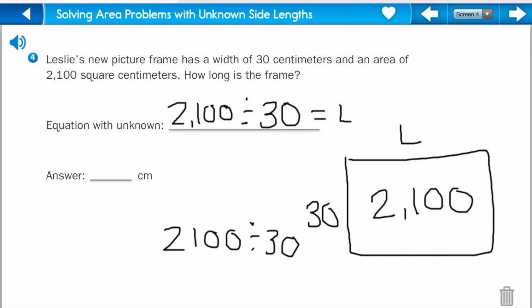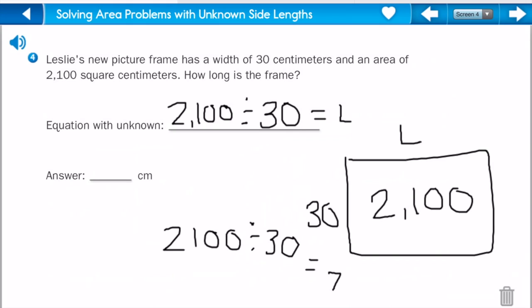So I see a 21 and a 3. And in my head, I say, what times 3 equals 21? And when I'm looking, I think that it would be 7. Okay? So, 7.